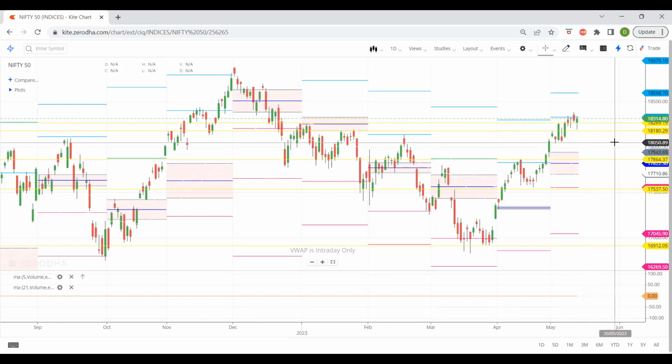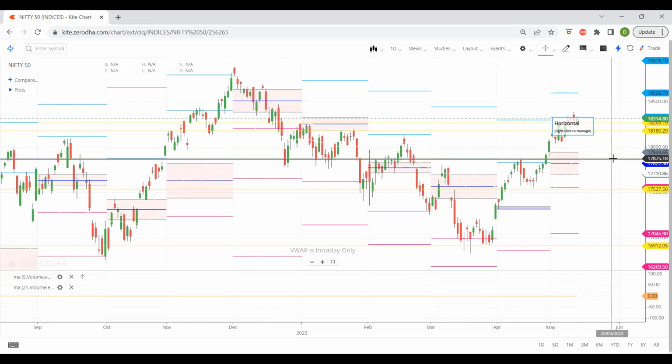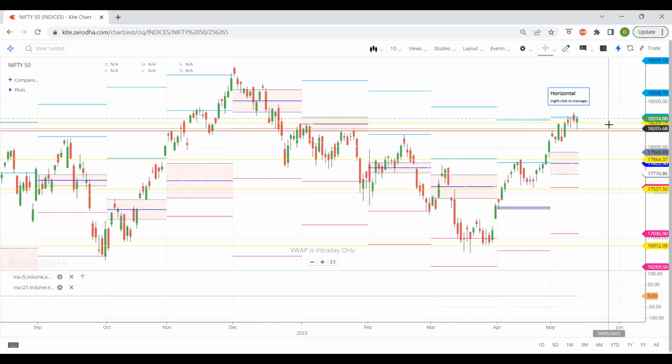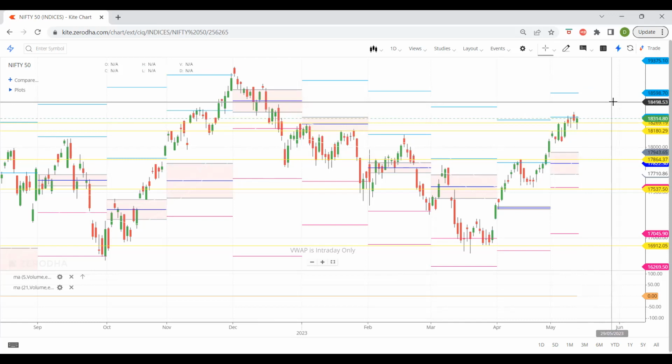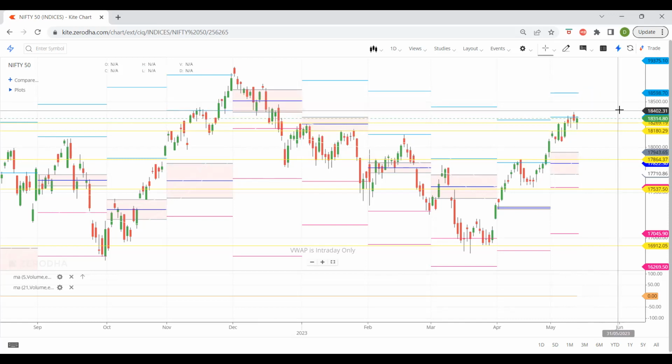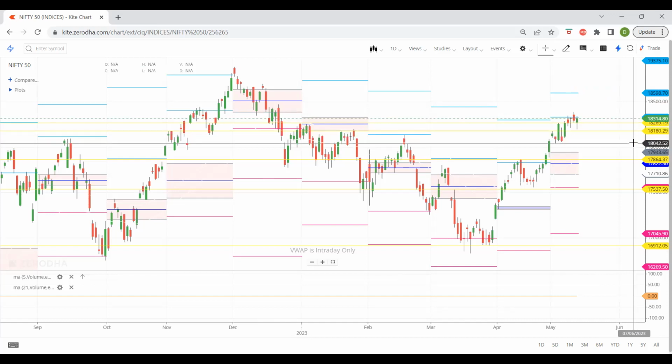So 17,850 to 17,900 levels would be a strong support if Nifty breaks 18,200 and 18,050 levels. Let's see how it reacts. Only time will tell whether the bullish trend which Nifty is currently in will remain intact, or we might see more consolidation, or whether there is a reversal.